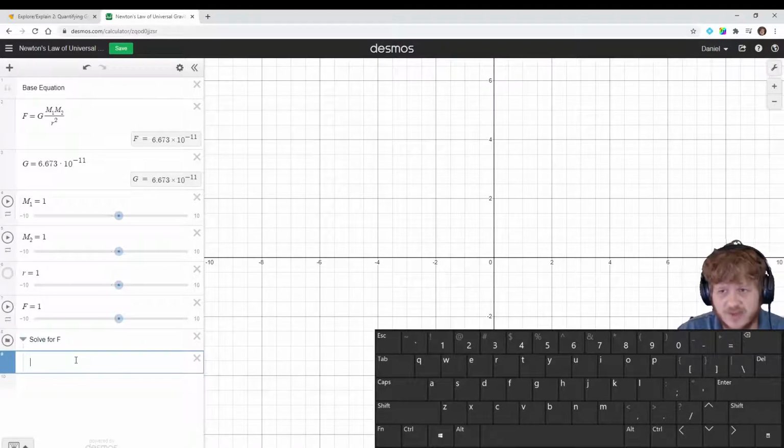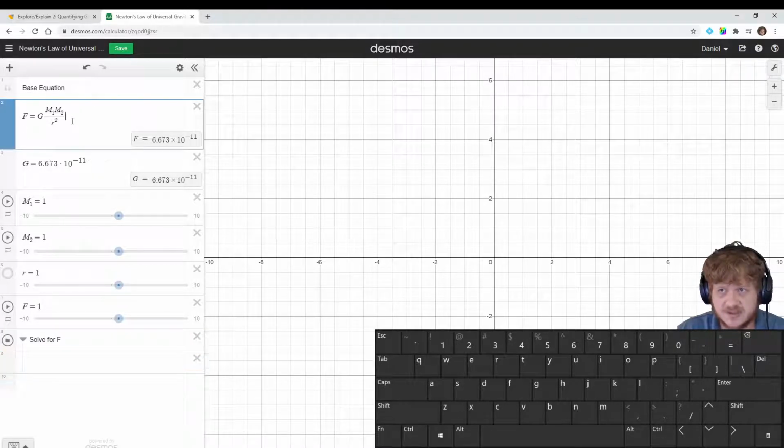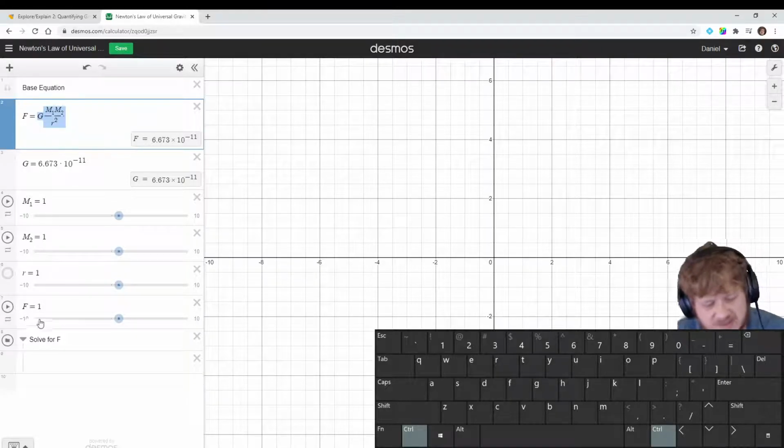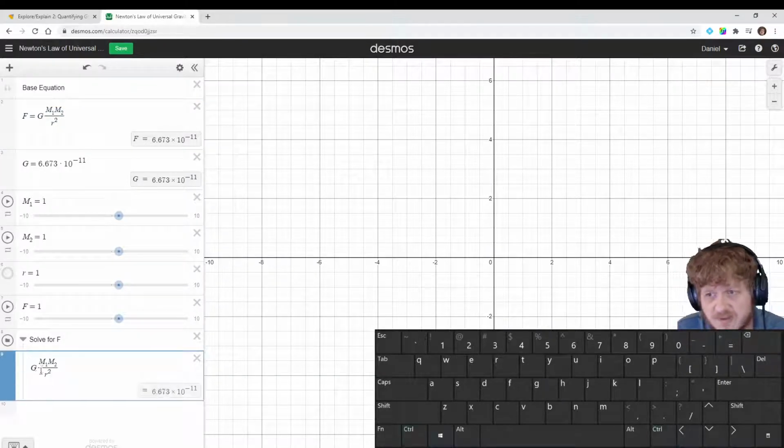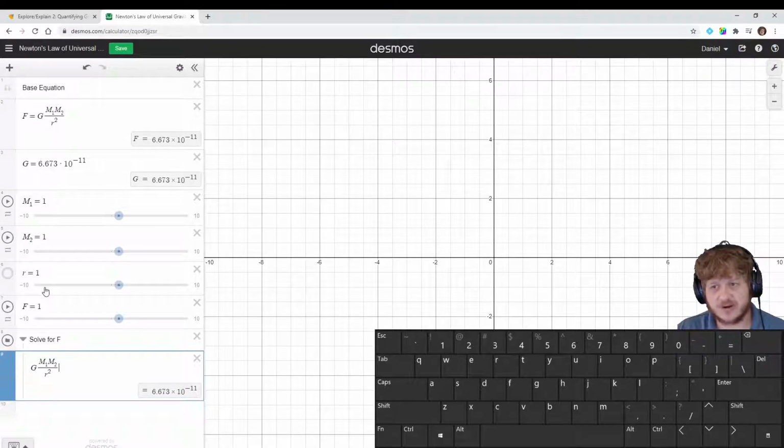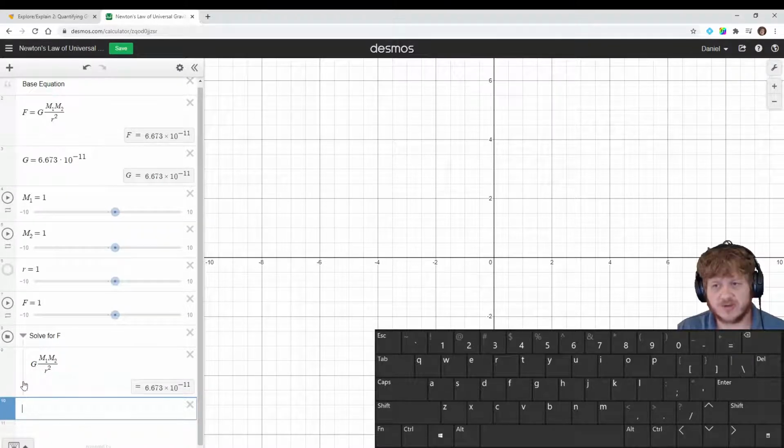And so we'll do that, and then we'll basically just copy and paste this here. And so that'll give you, if we plug in our M1, our M2, and our R, that'll give us our force. So what we want to do now is solve for one of the other things.